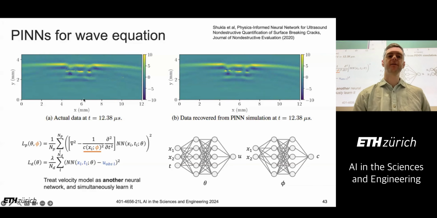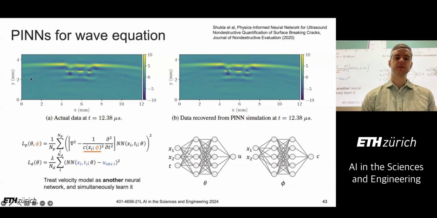So you can see as this wave is propagating through the plate, there's some anomaly here which is causing reflections. And so we want to investigate this a bit further. And given these observations, so this is real data, by the way. This paper is actually taking real data of this vibrating plate.